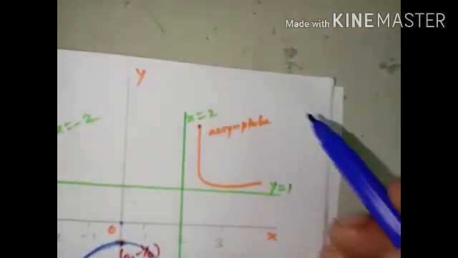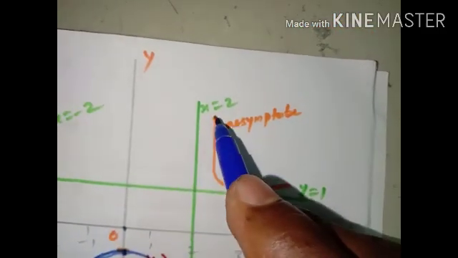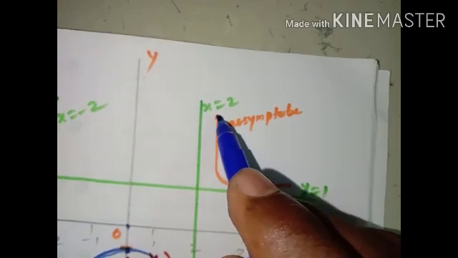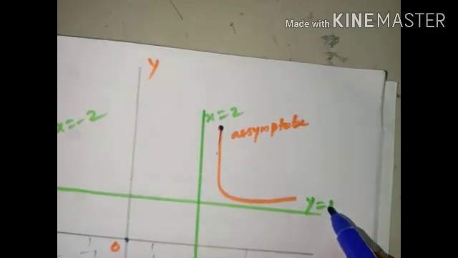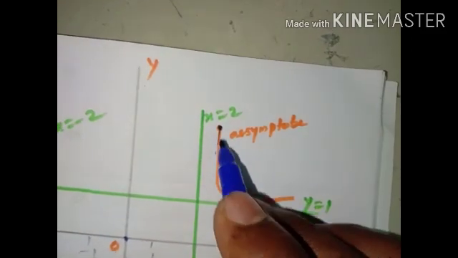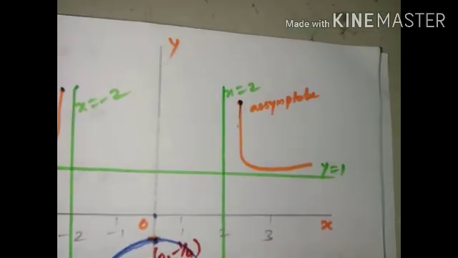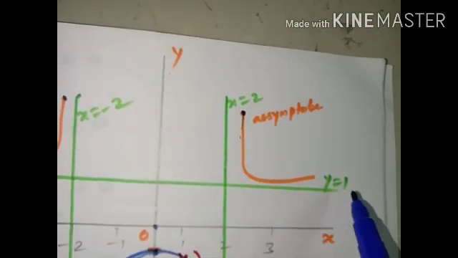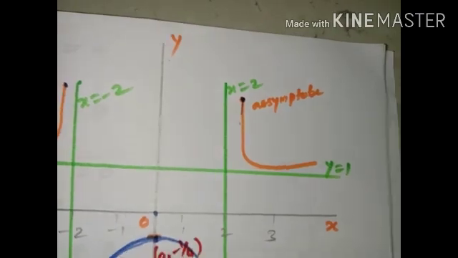Next, 2 to infinity, x equal to 2, so 2 to infinity is a decreasing interval.